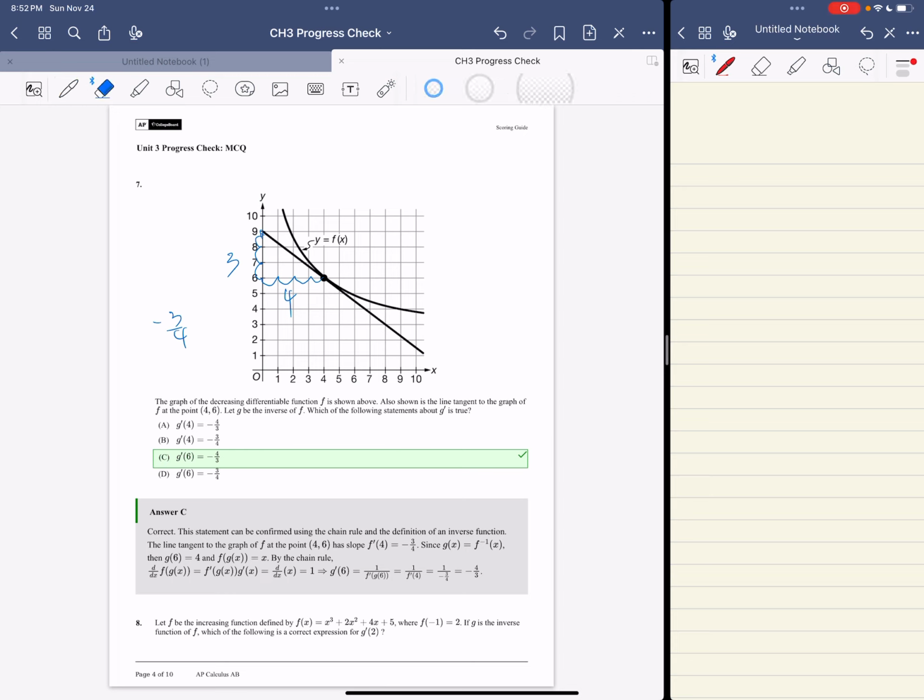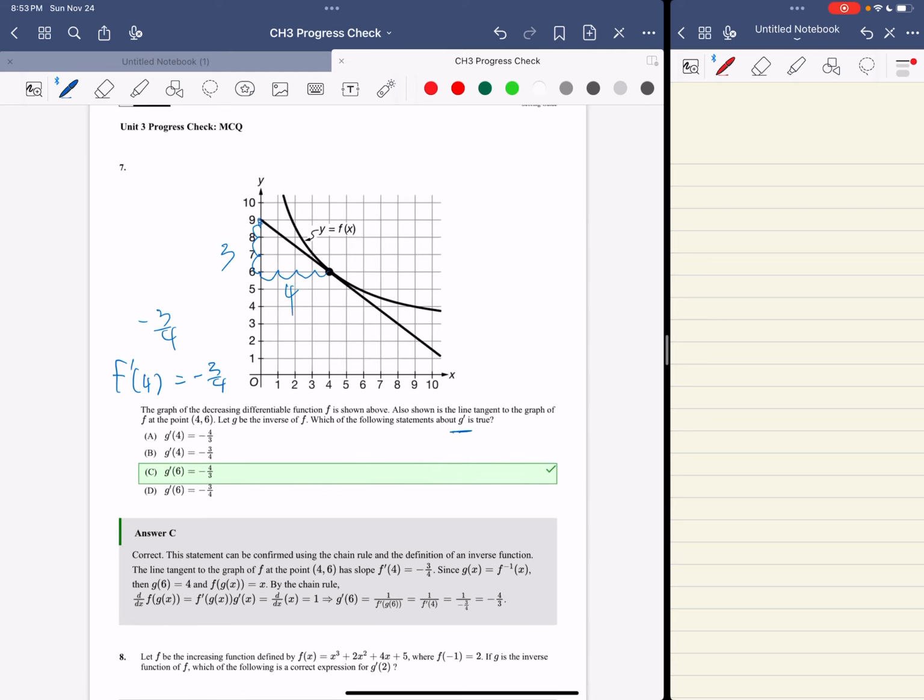So f prime of 4 is equal to -3 over 4. Now the thing is, g is the inverse, which means you've got to flip it. When you flip it, you just flip the x and y. So that's going to be -4/3.